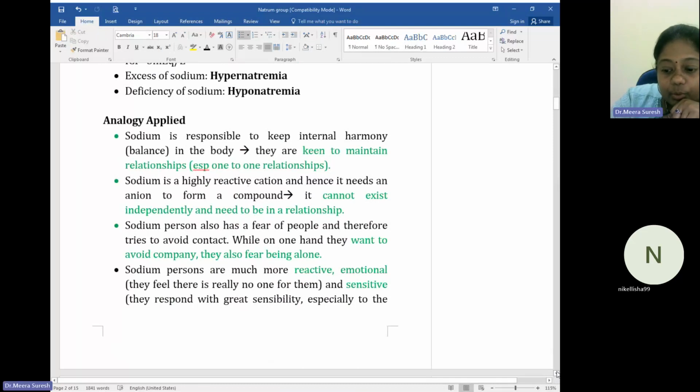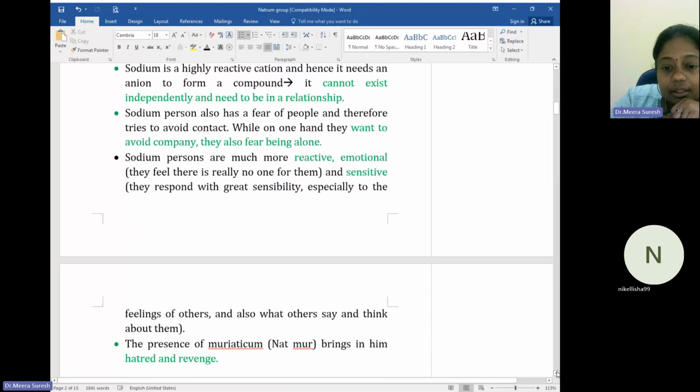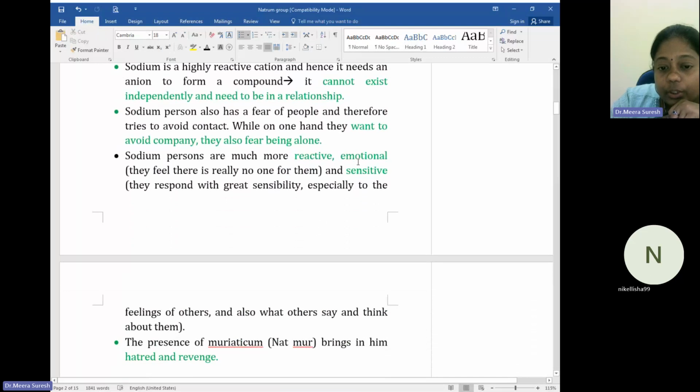Sodium persons are much more reactive, emotional, and sensitive. Emotional, mostly in that they feel there is really no one for them in case they are not able to develop that relationship. And sensitive to all external impressions, be that physical or mental.